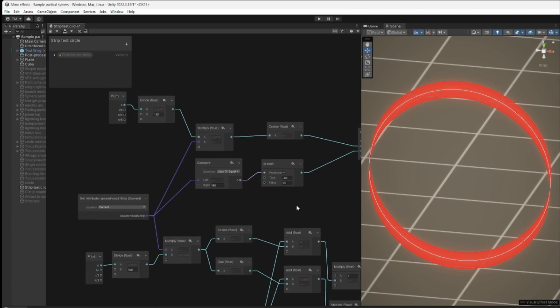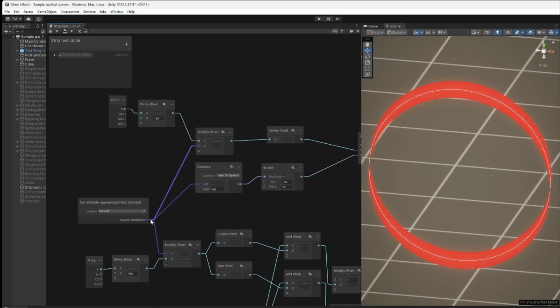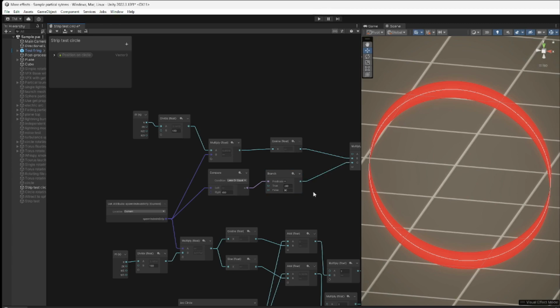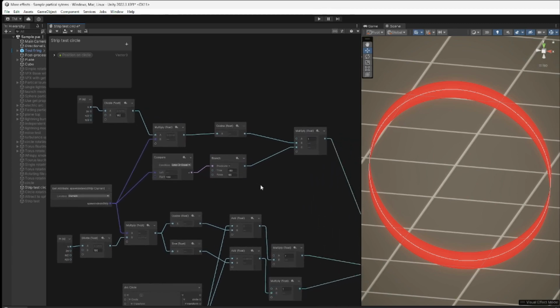So what I did is I take my spawn index, and in this case I can actually use a formula for calculating the rotation. Well, actually this isn't using the formula, that's in one I'll show next. What this is doing is essentially multiplying it by, again, our pi over 180 in order to convert it to radians.